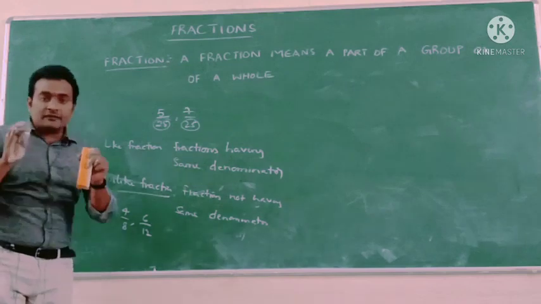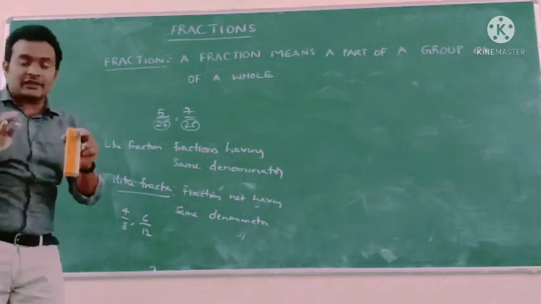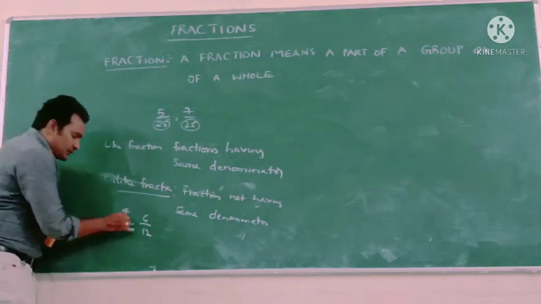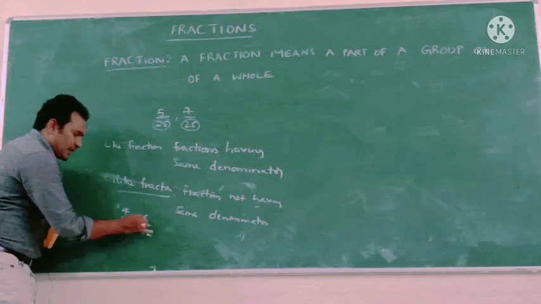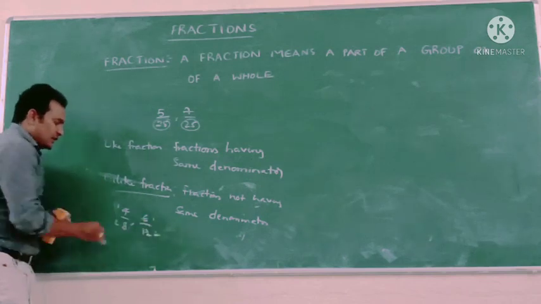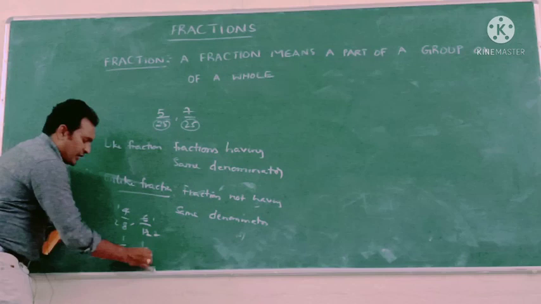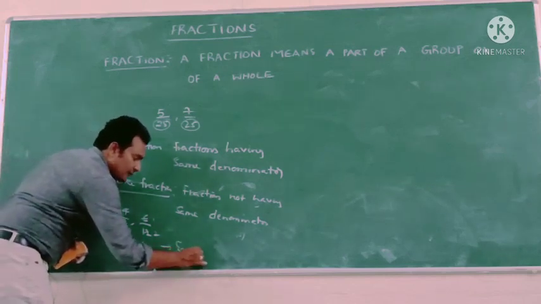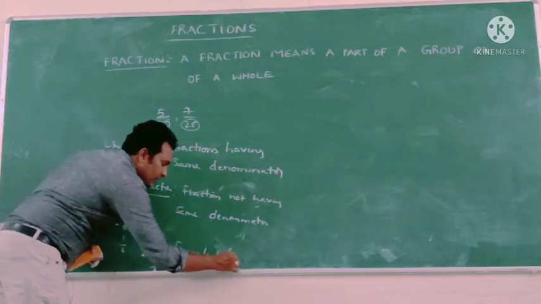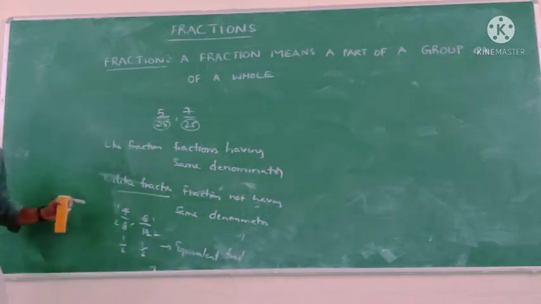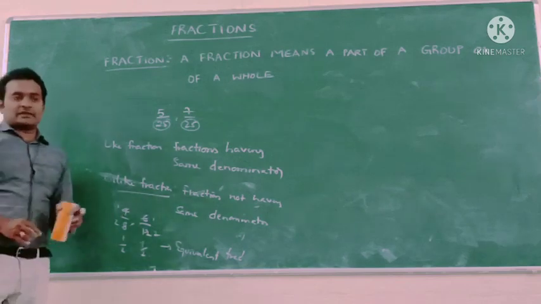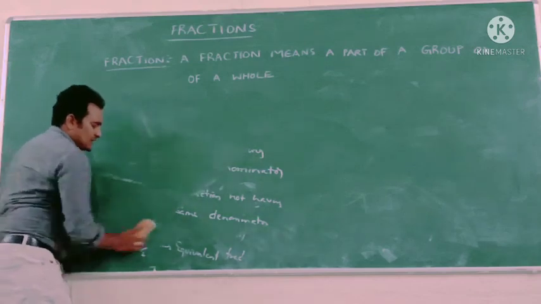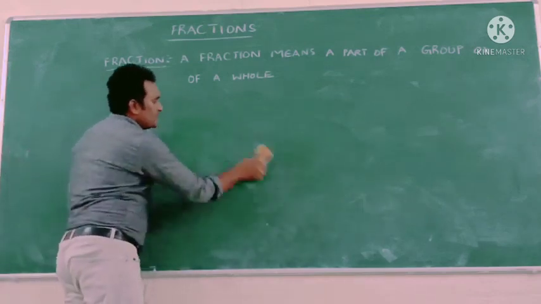How would we say equivalent fractions? What is the difference between equivalent fractions and unlike fractions? If you cancel 4 in 8 two times, and 6 in 12 two times, you get the same result, 1 by 2 and 1 by 2. Such types of fractions are called equivalent fractions. But the denominators are not the same, hence this kind of fractions are called unlike fractions. So that is about like fractions, unlike fractions, and equivalent fractions.